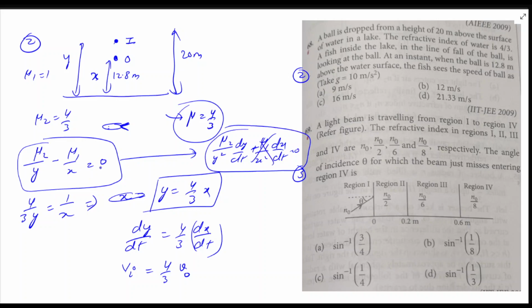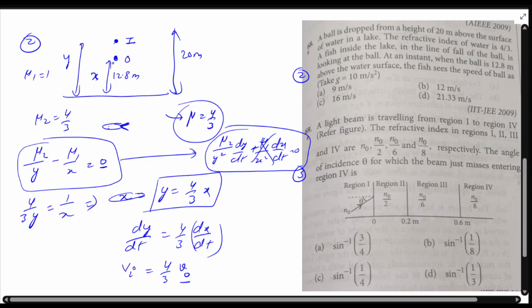Why? As it is already 0, the differentiation of 0 will be 0. So this is a wrong concept. You just equate it and then differentiate it. If there was any constant here, then you should differentiate it, but as it is 0 already, you don't have to differentiate it again. You just equate, then differentiate.